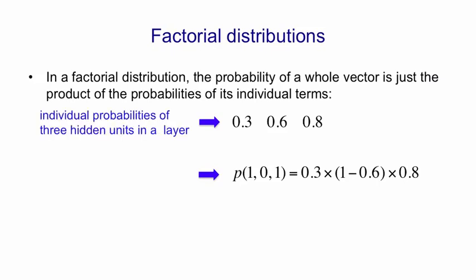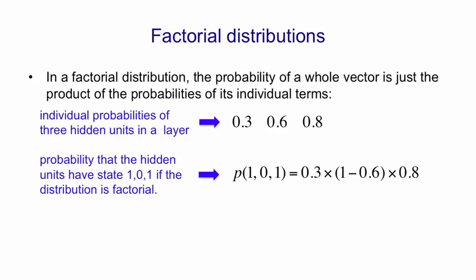If we want to compute the probability of the hidden layer having the state 1, 0, 1, we compute that by multiplying 0.3 by 1 minus 0.6 by 0.8. So the probability of a configuration of the hidden layer is just the product of the individual probabilities. That's why it's called factorial.